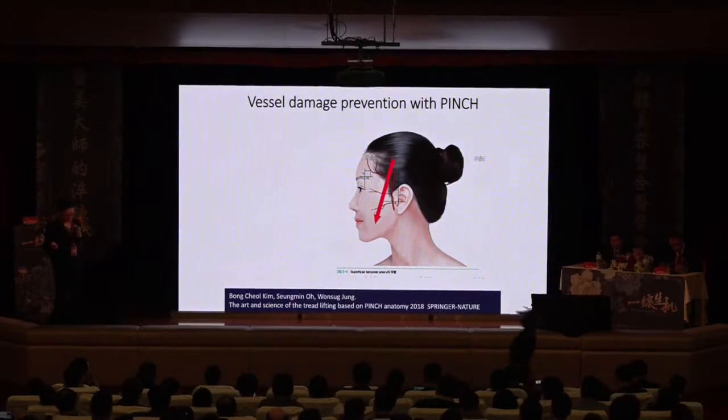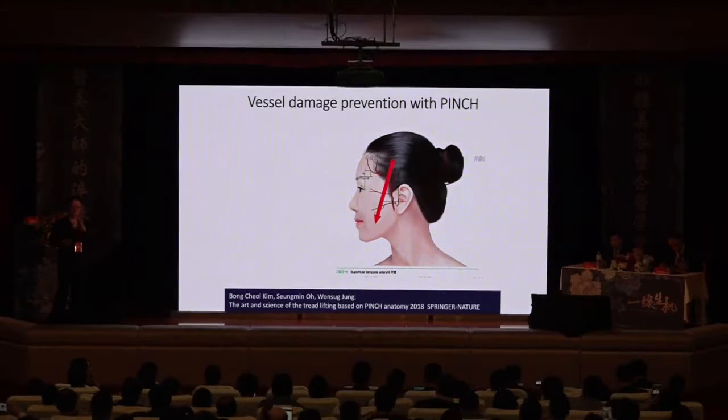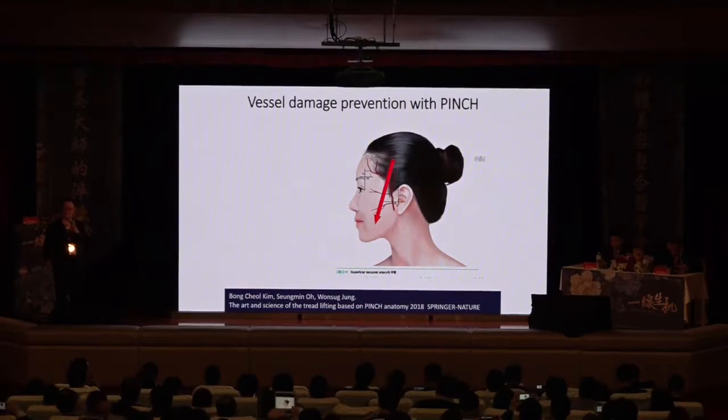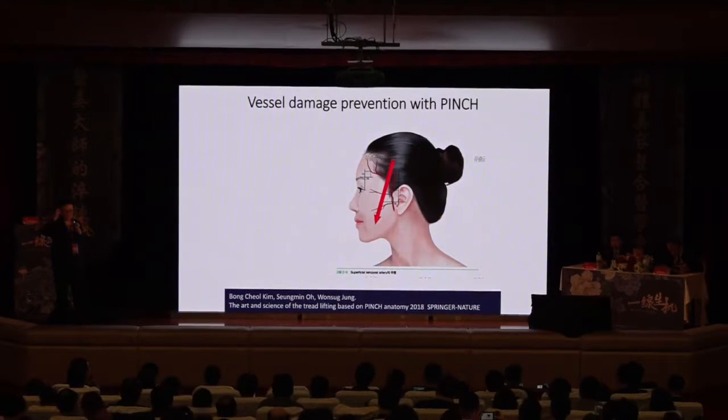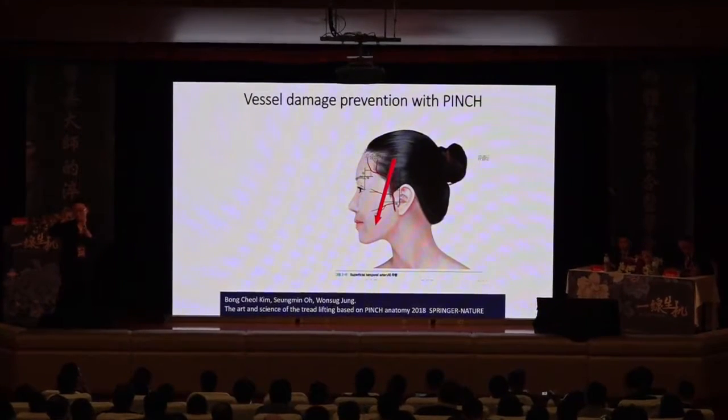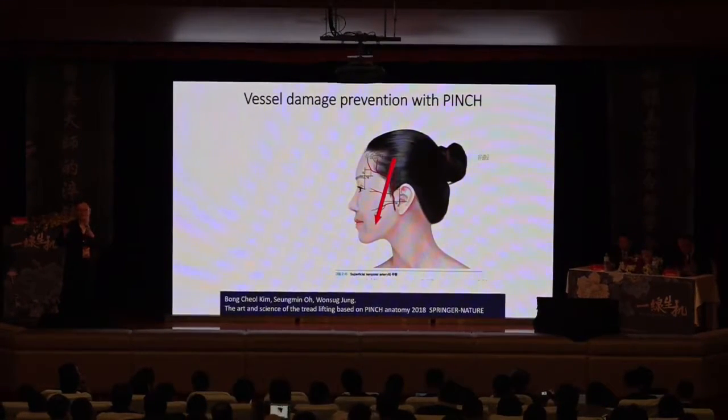Okay, vessel damage prevention with pinch. The main three vessels are the superficial temporal artery, zygomatic orbital artery, and transverse facial artery. The superficial temporal artery and zygomatic orbital artery are encapsulated by the STF.